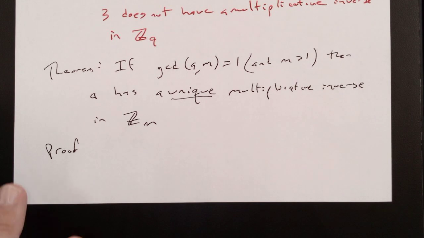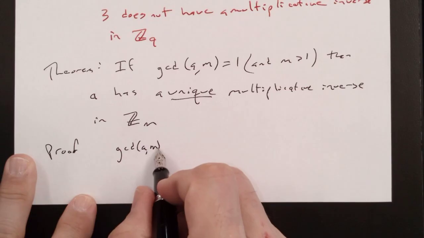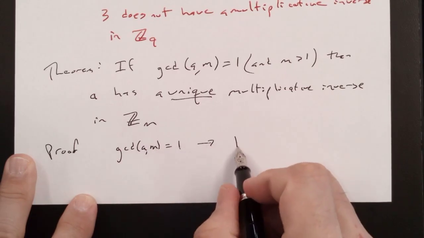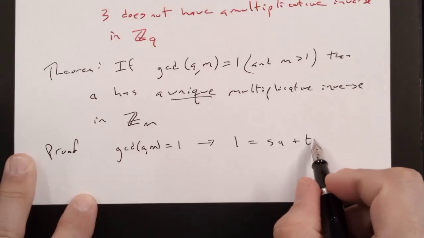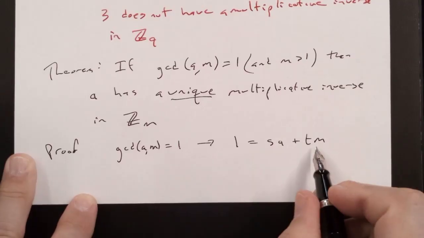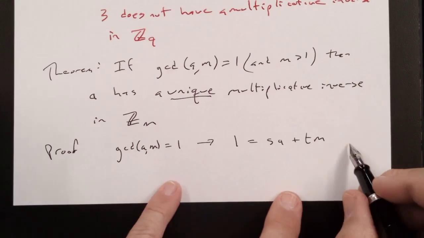Bézout's theorem said, whatever our greatest common divisor is, means we can write that as S times the first number plus T times the second number for some S and T.